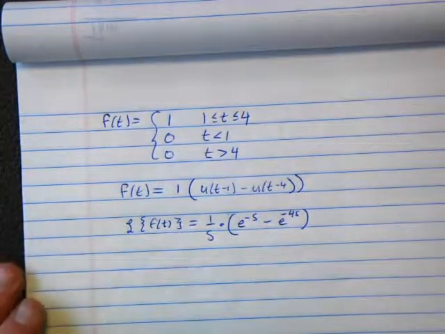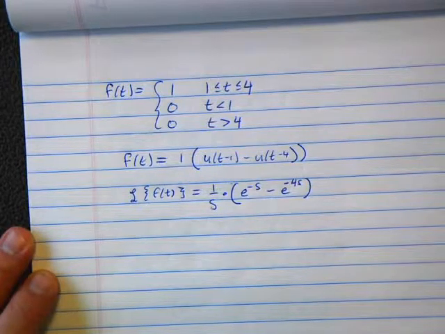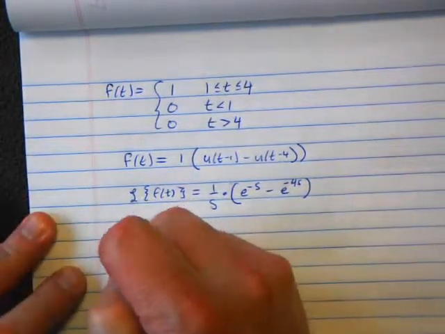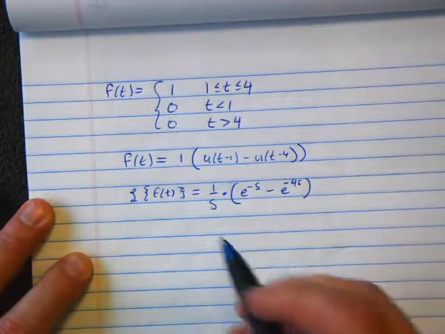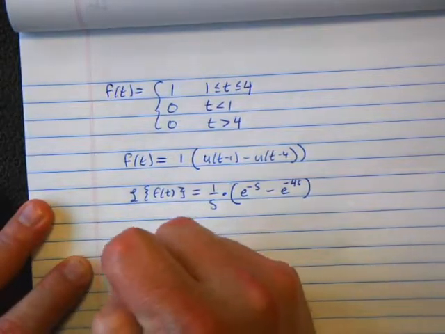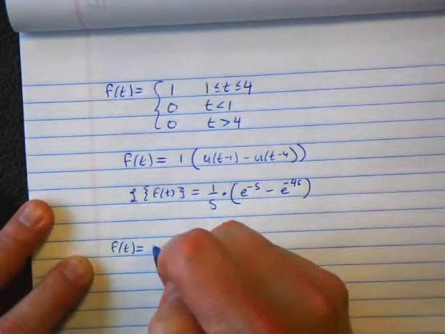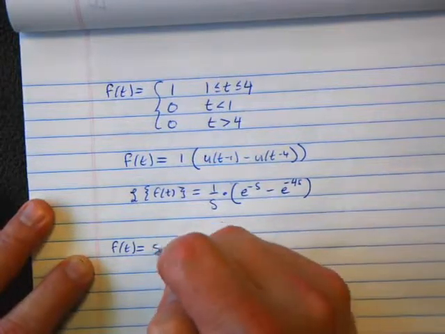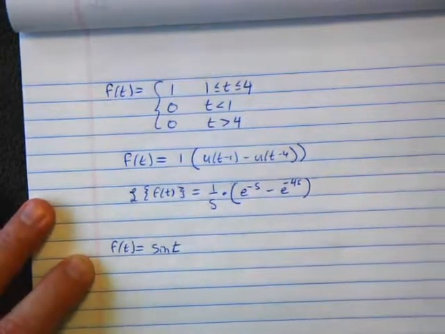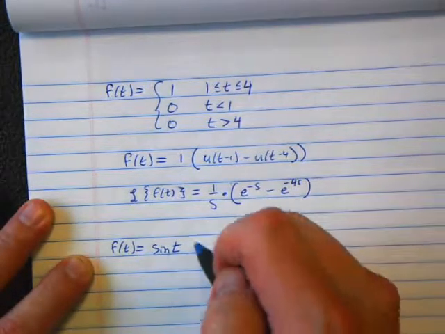All right, how about f of t is sine of t, and that happens between 0 and 3 pi.